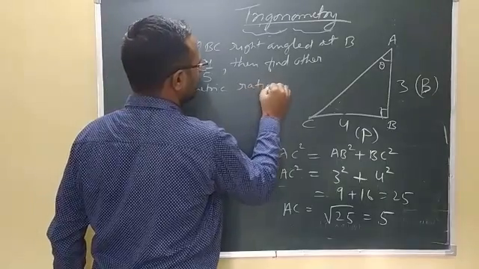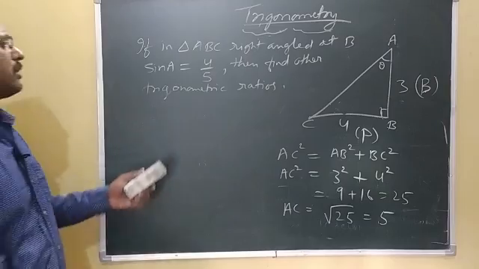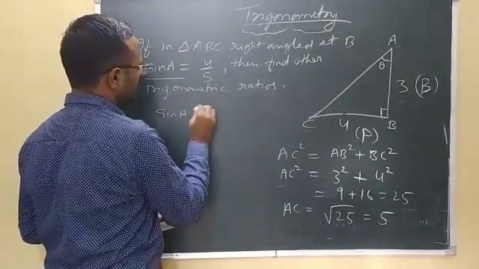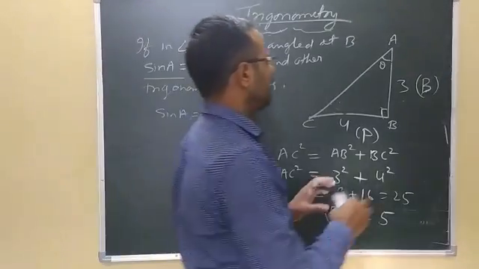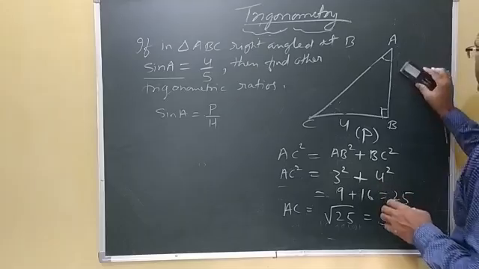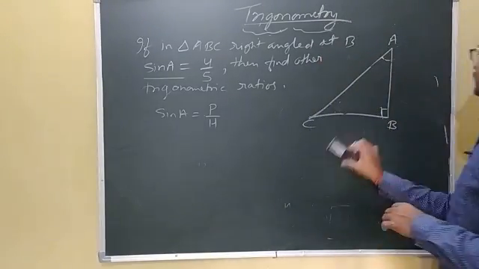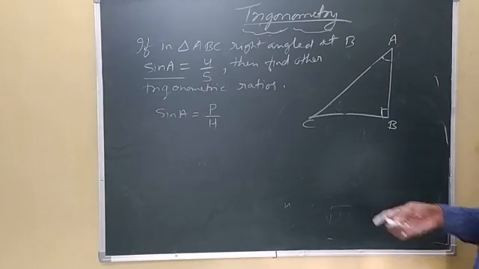So what you have to do in such a question, you know the formula of sin A. Sin A is actually the opposite side, that is P upon H. So first you have to draw a right angle triangle, then find out which side is to be considered as which unit.